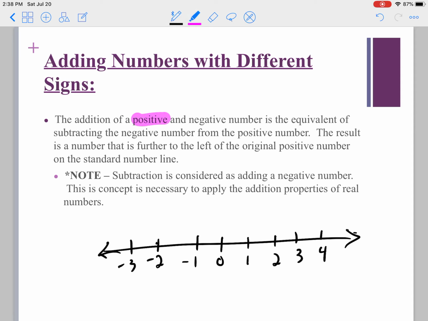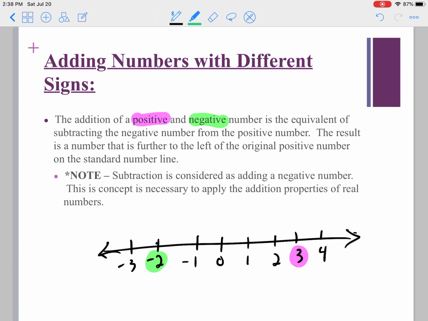We have a positive number, let's choose +3. And we need a negative number, let's say -2. We don't want to choose -3 and 3 just because we don't want to necessarily use the inverse property of addition right now. So let's choose something different. So we're going to choose 3 plus a -2.